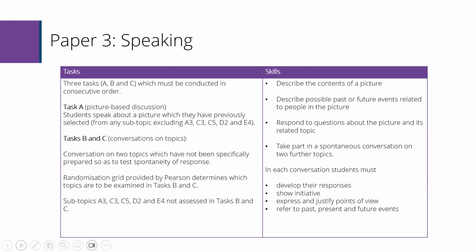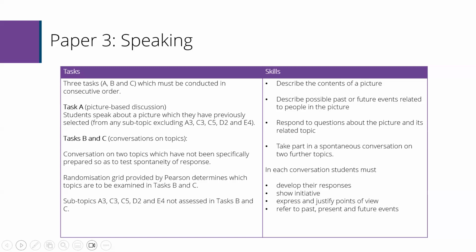We want them to describe possible past or future events related to people in the picture. We want them to respond to questions about the picture and its related topics, so starting with the picture and moving out from it. And we also want students to take part in a spontaneous conversation on two further topics.